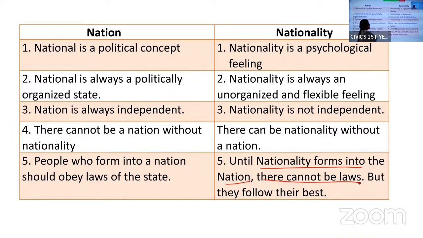So until a nationality is formed into a nation, there cannot be any laws. But we will follow certain rules on our own. This is the difference between nation and nationality. So you have two differences in this: nation and state, nation and nationality. You can expect one question from these two questions.